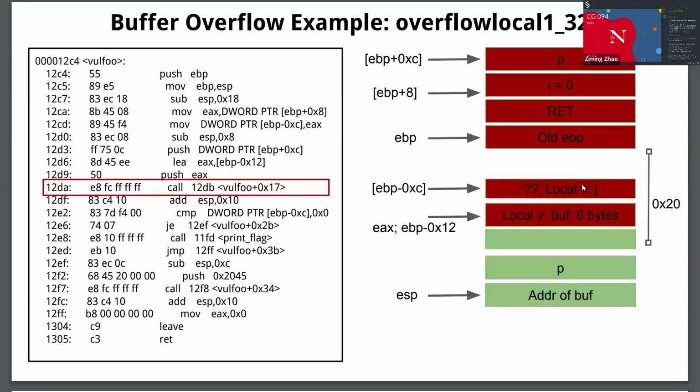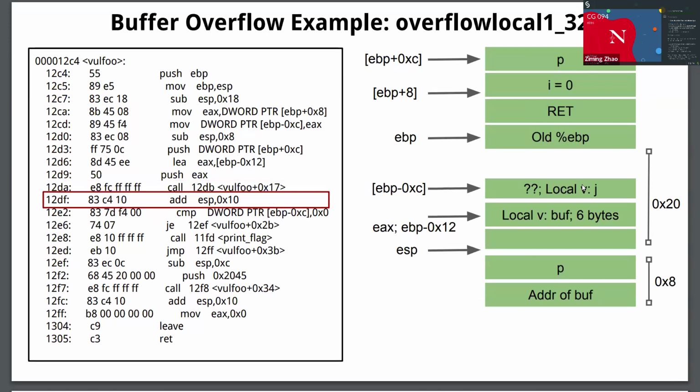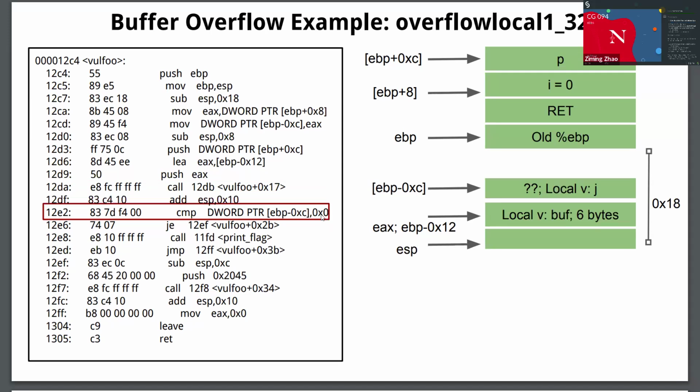So when this function comes back, when this string copy comes back, we will first add 0x10 to ESP. So ESP goes up to here, to balance the stack. Then we compare 0 with EBP minus 0xC.